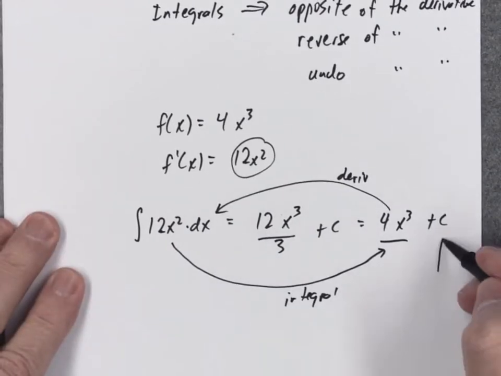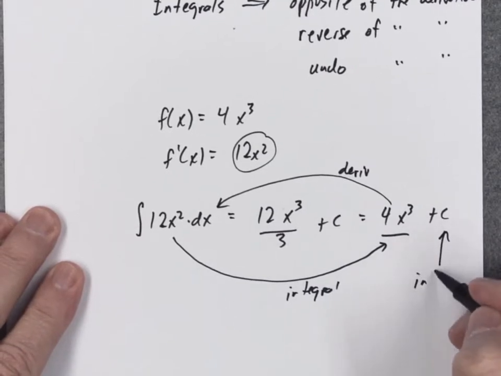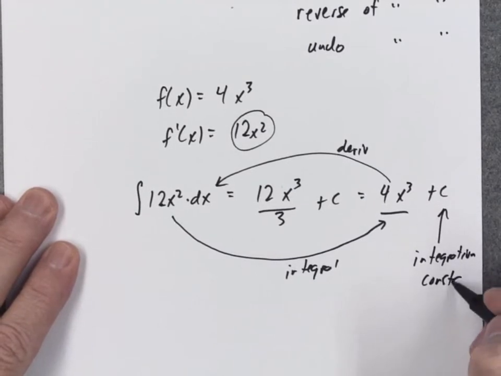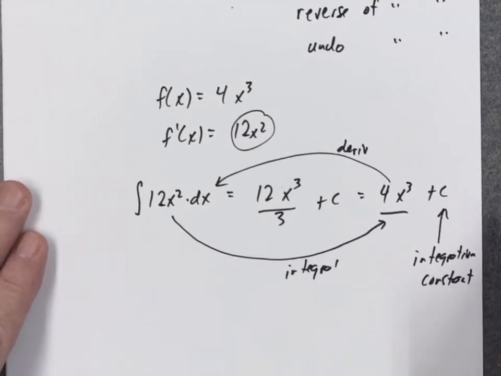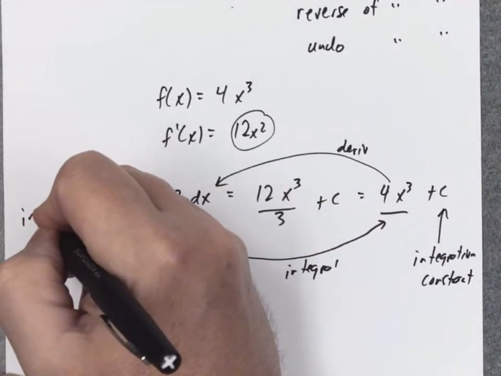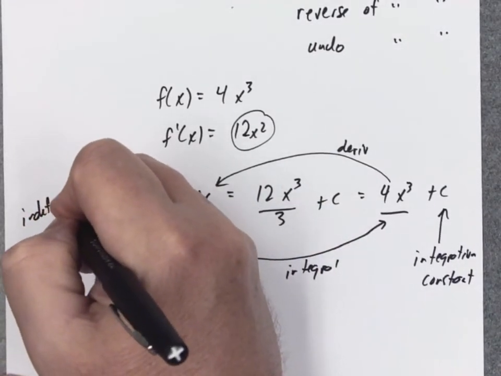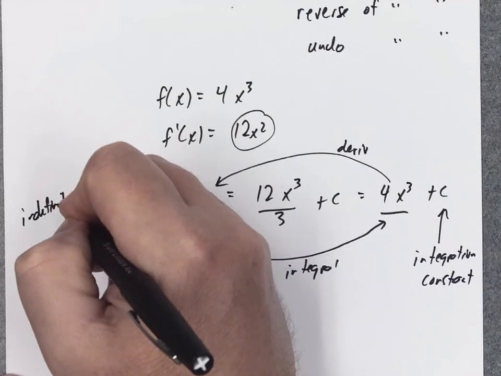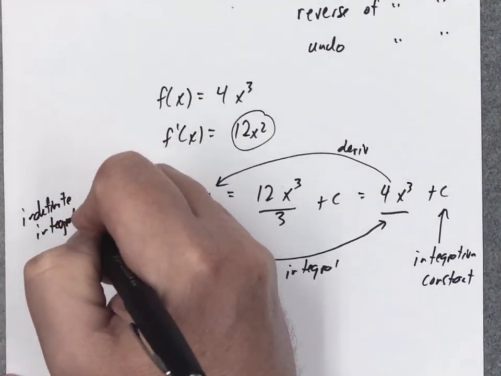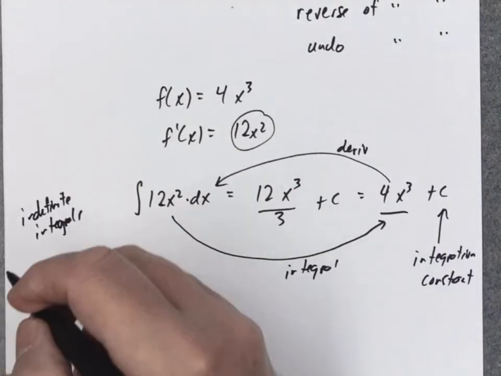Now let's take a minute. This is something new. We call this the integration constant. Anytime, and let me say this, these are called indefinite integrals.